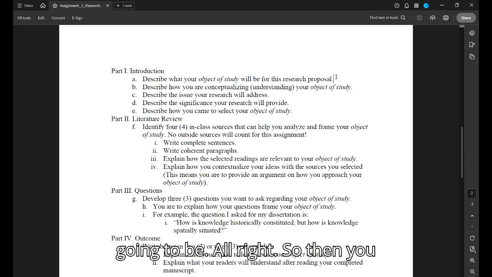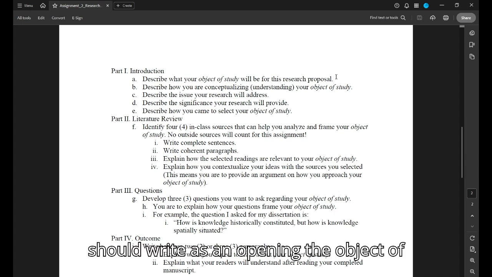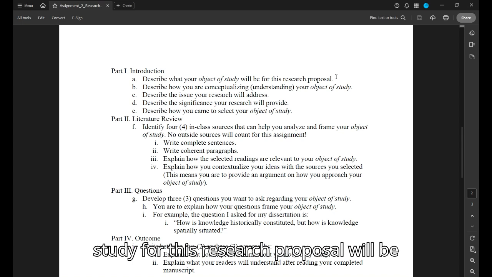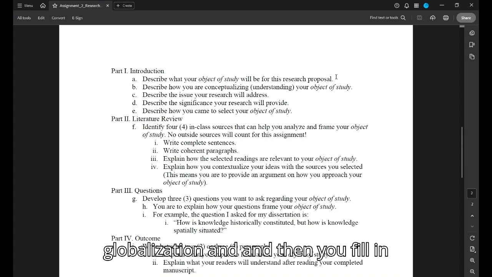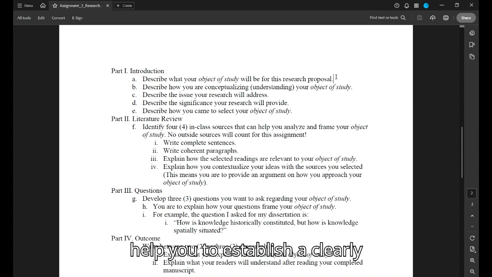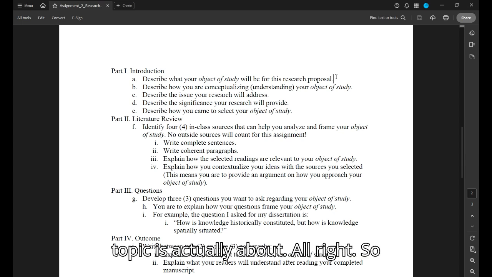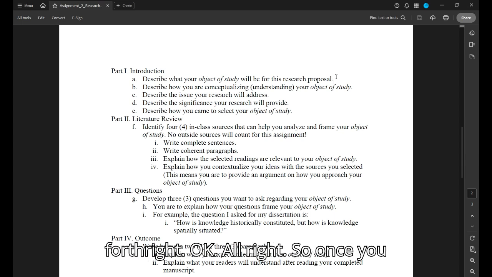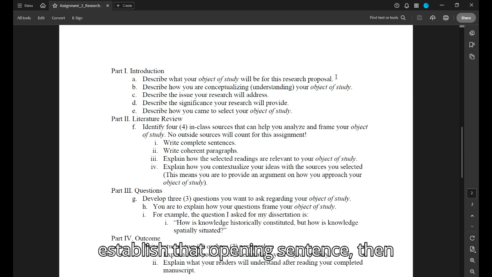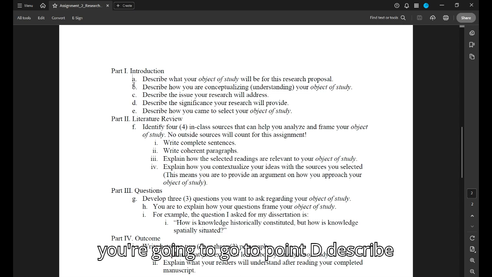So you should write as the opening, the object of study for this research proposal will be globalization and then you fill in the blank. This is going to help you establish a clearly stated object of study and not leave the reader guessing what your topic is actually about. So you want to be direct and forthright.